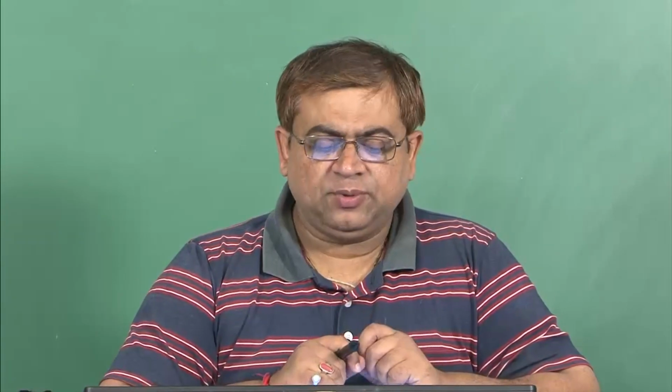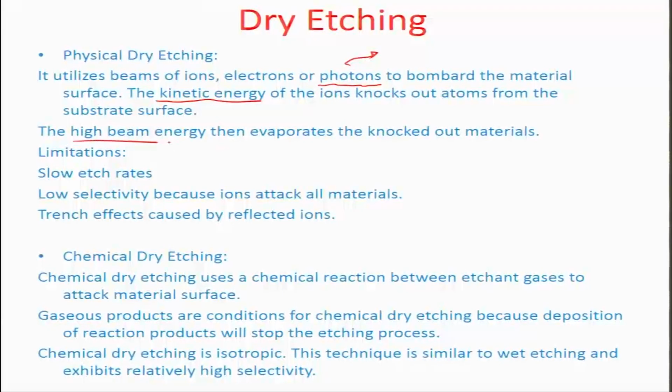Photons are absorbed within the material, and because of the absorption there is a rise in the temperature or the kinetic energy. So, the mode converts from a photon to a phononic vibration. That is how you can use different beams, high energy beams or photon beams, to selectively remove or melt away or vaporize materials. So, the high beam energy then evaporates and knocks out the material.